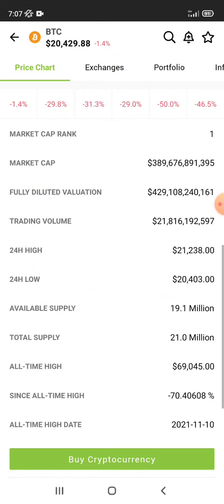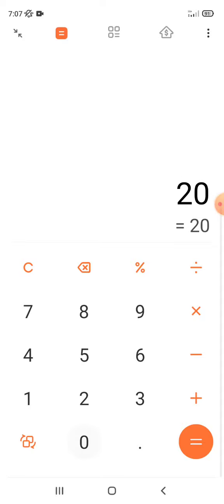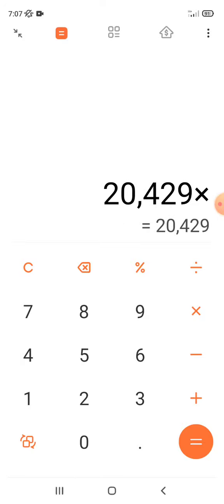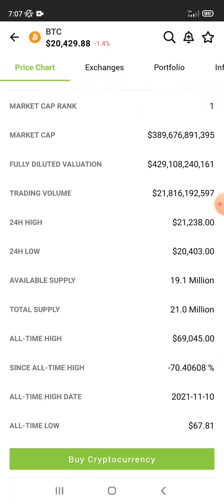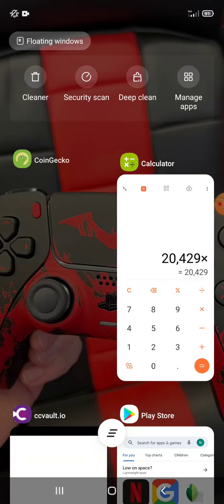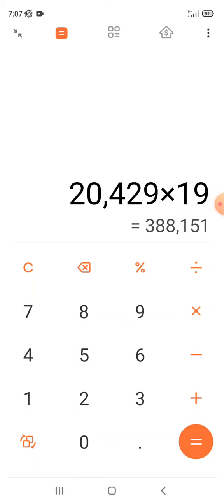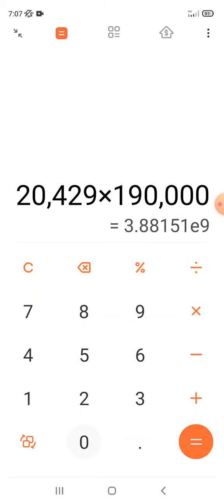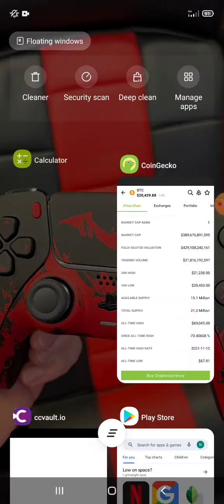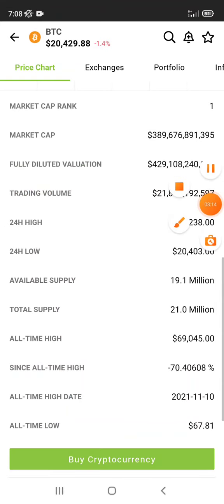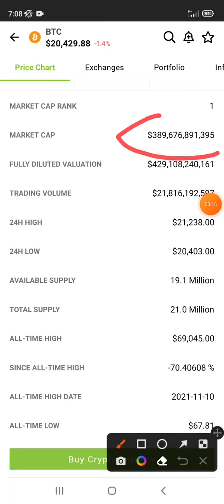The current price is, let's say, 20,429. Multiply it with the available supply, that is 19.1 million. So let's just say 19 million. You see, we are getting 3.8 trillion or something, which is exactly the market capitalization.